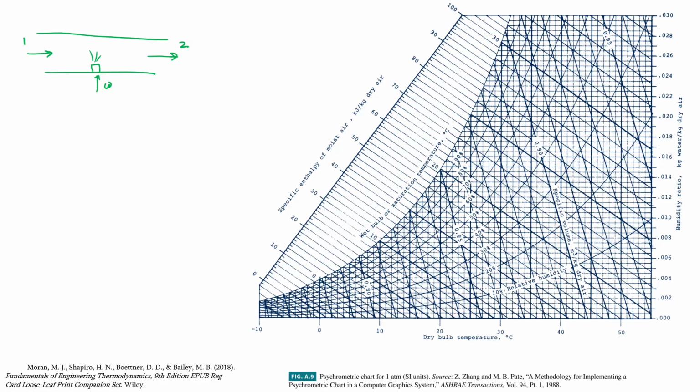And what I know is that at state 1, I have a dry bulb temperature, so temperature 1 is 25 degrees Celsius, and I have a humidity of 20%. And this whole thing is happening at a pressure of 1 atmosphere, just so that we can use my 1 atmosphere psychrometric charts down here.